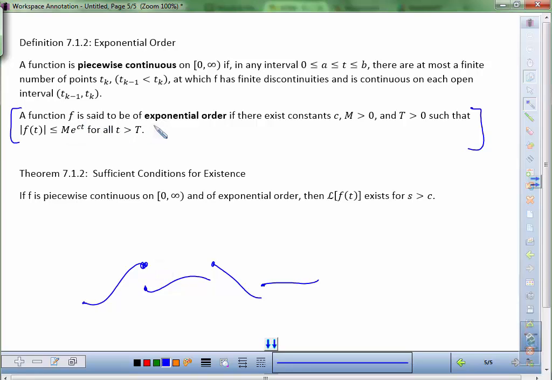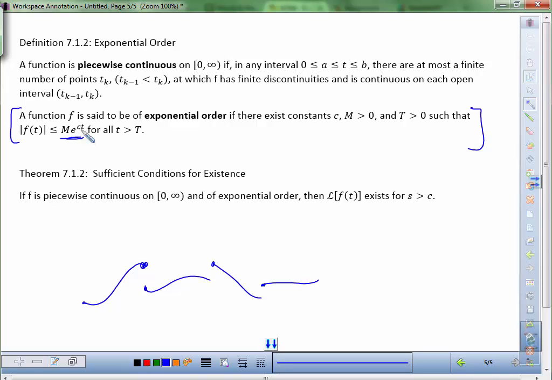A function f is said to be of exponential order if there exists constants c and m, and another parameter t, such that the absolute value of f is going to be contained within this expression.